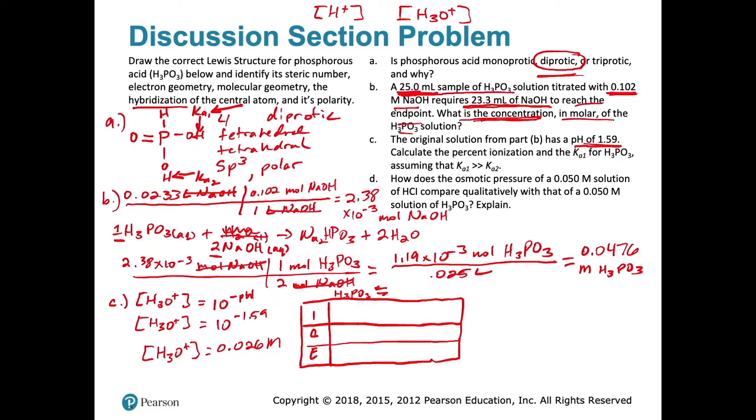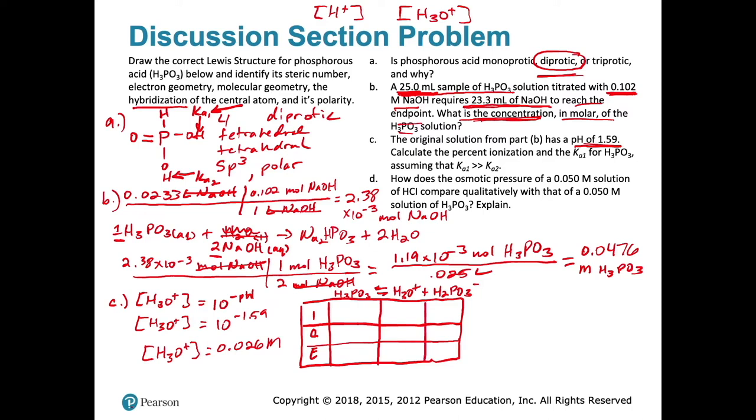So on the ice table, we'll draw a line down like that. What we get over here is H3O plus, and then the conjugate base, which is H2PO3 minus. You see how that's different from what's up here?